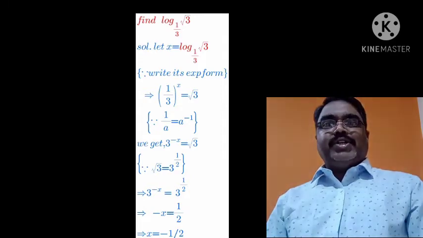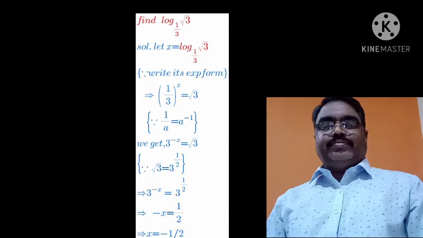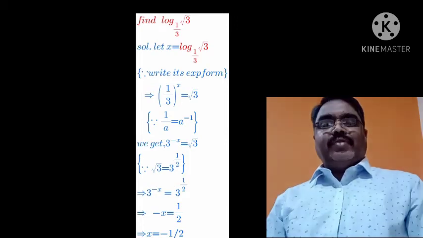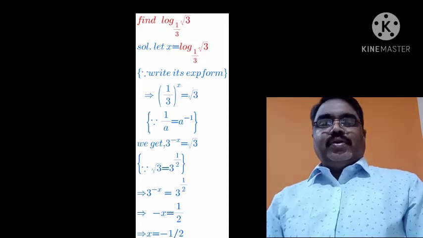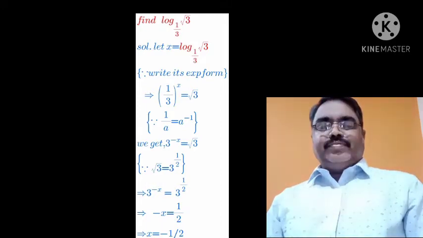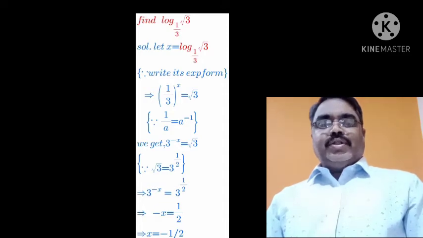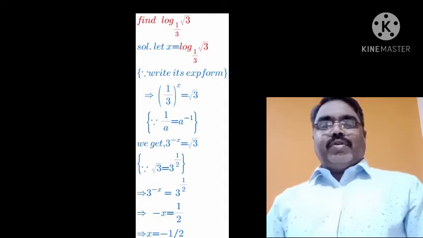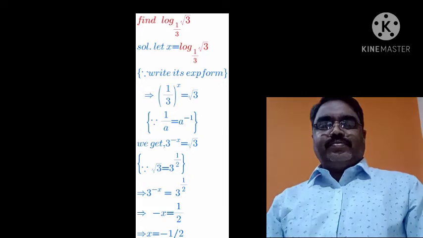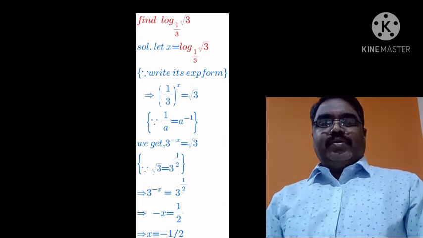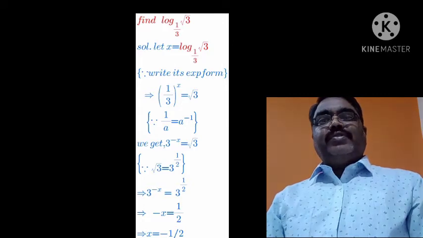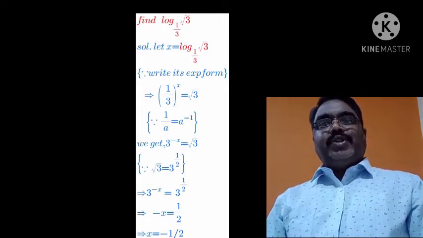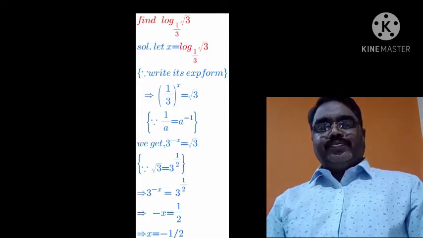Since the base is 1 by 3 here, the value of n is square root of 3. On simplification, we get 3 to the power of minus x equal to square root of 3. Further, square root of 3 can be written as 3 to the power of 1 by 2.